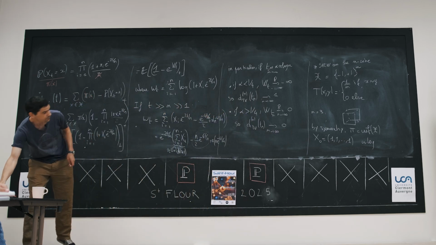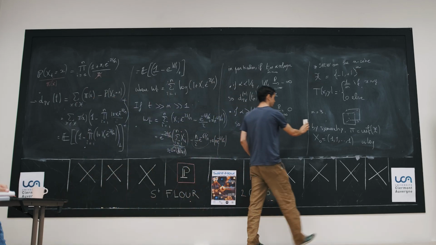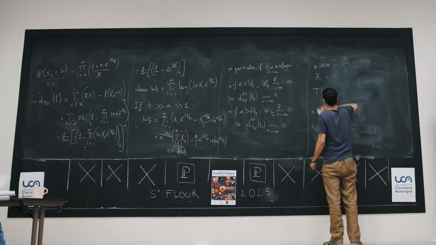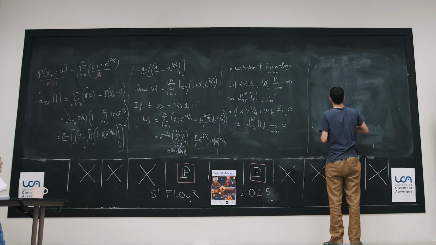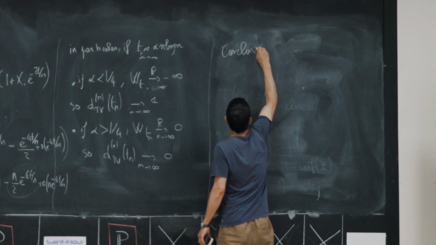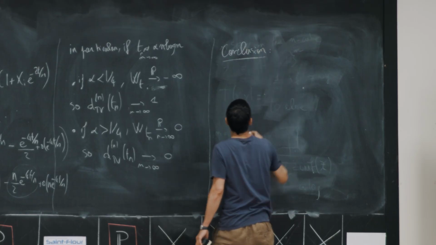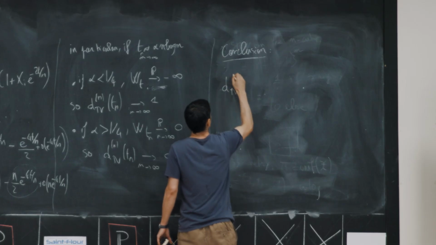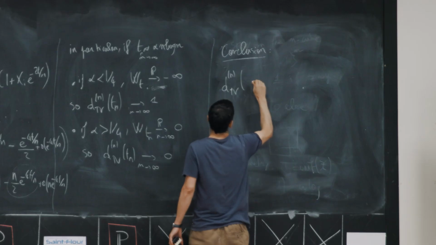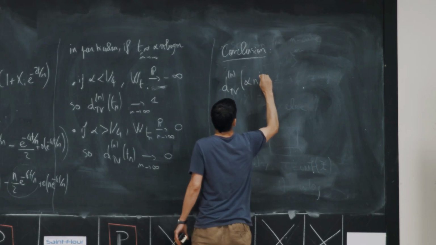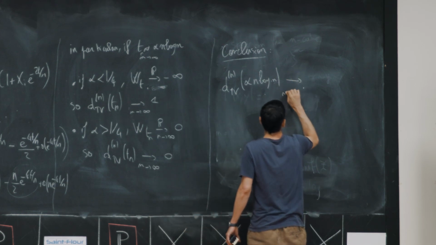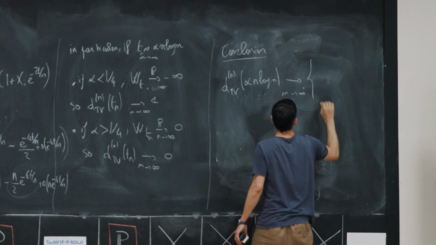Okay. So what's the picture that you get? So that's what I announced yesterday without a proof, but now you have a complete proof. So if you look at the graph of your distance to equilibrium as a function of time, it converges as n tends to infinity, just like in the case of the cycle.